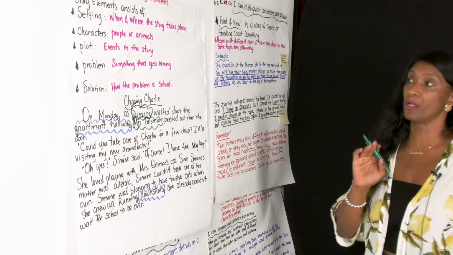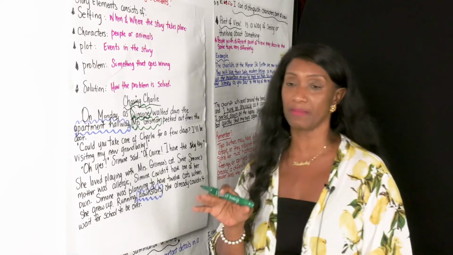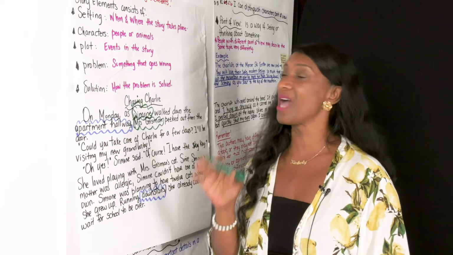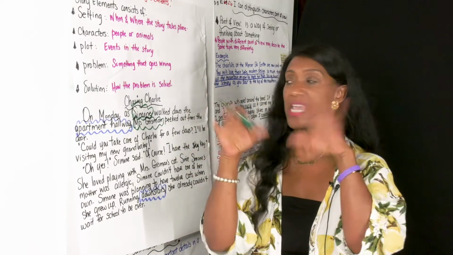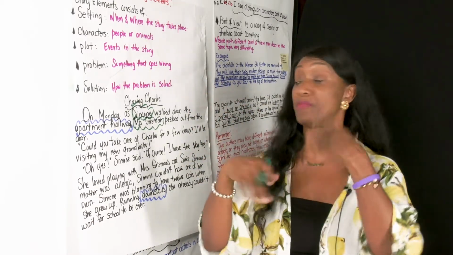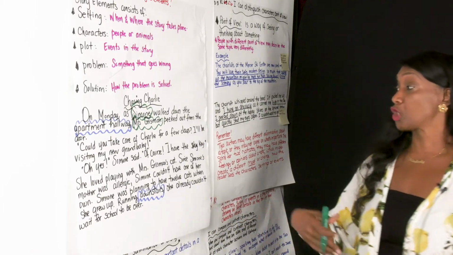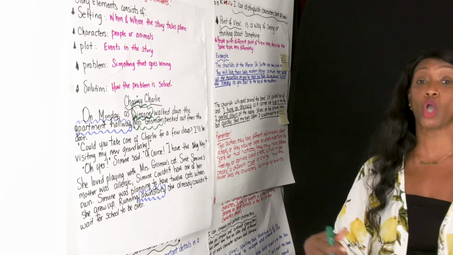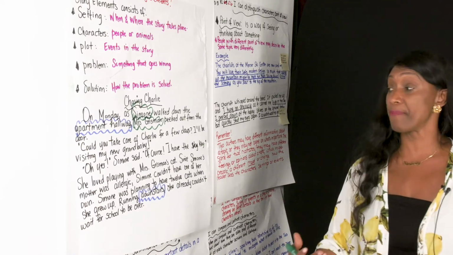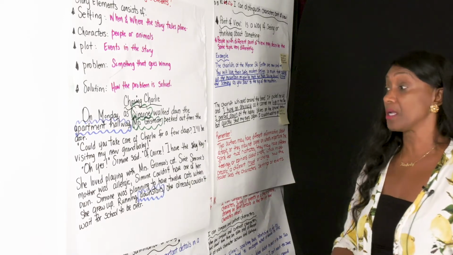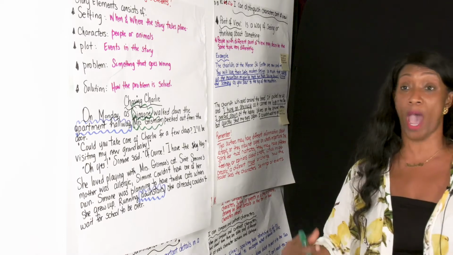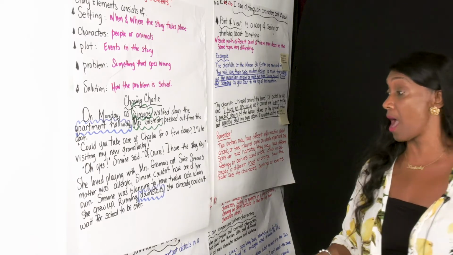Now let's take a look at the plot. This can sometimes be very tricky because the plot is all the events that are taking place in the story that make up the story. It's everything that's happening. So we know that Mrs. Grisman is going away to see her grandbaby. That's a part of the plot. She asks Simone to watch her kitten. That's a part of the plot.